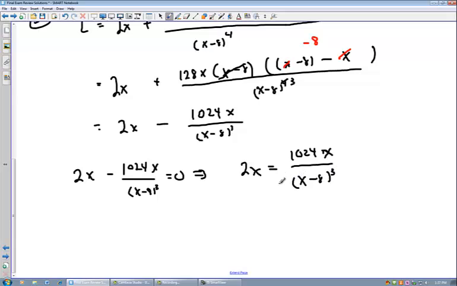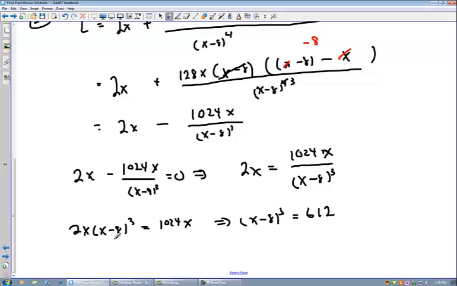I can multiply both sides by x minus 8 quantity cubed, and I'll get 2x times x minus 8 quantity cubed equals 1,024x. I can divide both sides by 2x, and this will tell me that x minus 8 quantity cubed is equal to 612.